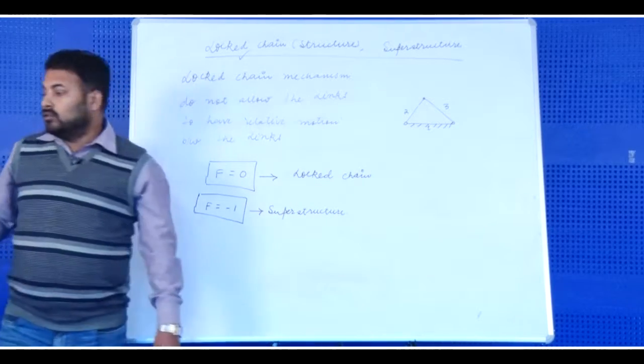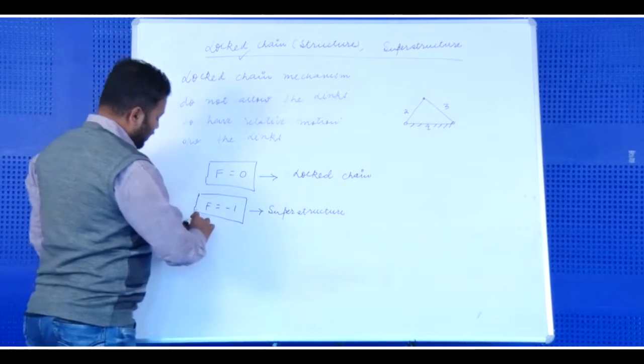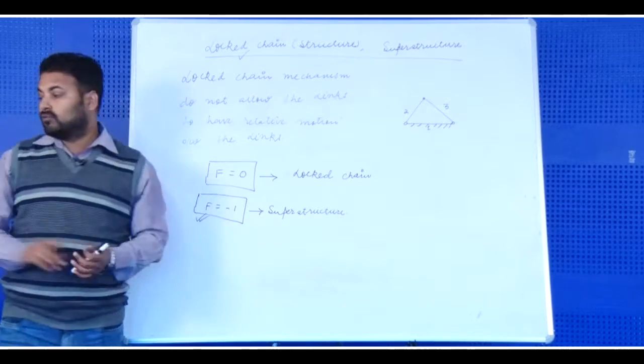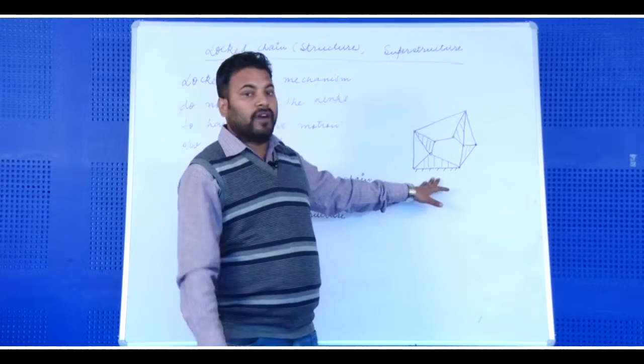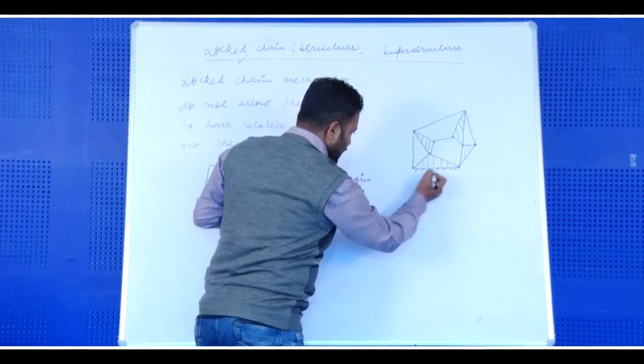Let us also try to draw a diagram, so that I can explain where we can find a superstructure having degree of freedom equal to -1. This is a diagram in which we will try to find the degree of freedom. In this diagram, this link has been fixed.